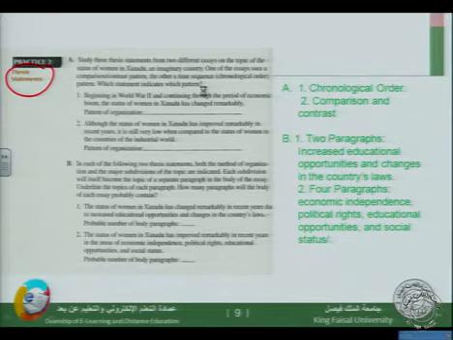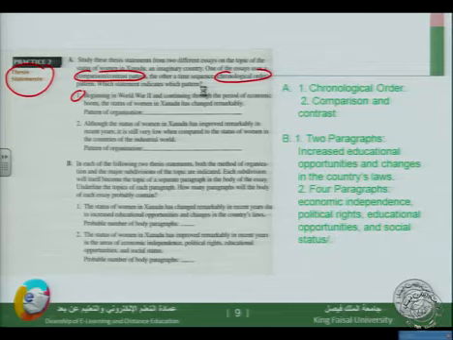خلينا نقرأ نعرف إما comparison contrast statement، إما الauthor uses comparison contrast pattern، أو إنه استخدم chronological order. خلينا نقرأ أول واحدة. هذا thesis statement. Beginning in World War II and continuing through the period of economic boom, the status of women in Xando has changed remarkably.